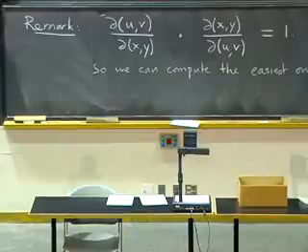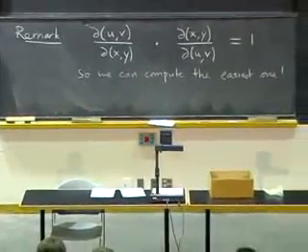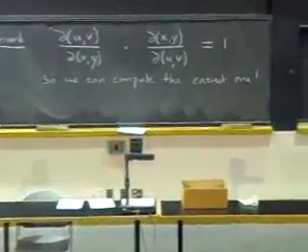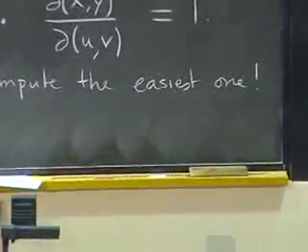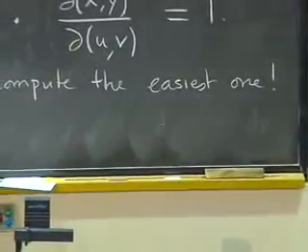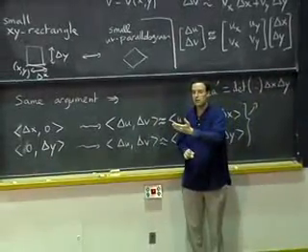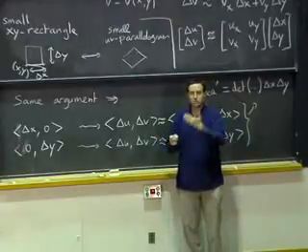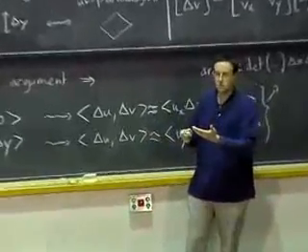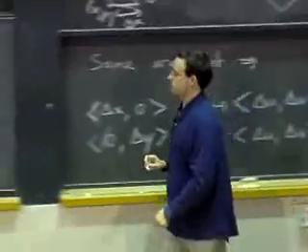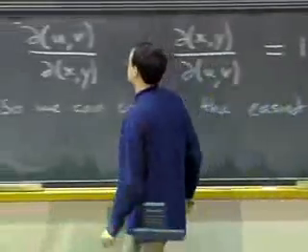And one way to see that is that, in fact, we're looking at the determinants of these matrices that tell us the relation between the variables. So if one of them tells you how delta u, delta v relate to delta x, delta y, the other one does the opposite thing. It means they're the inverse matrices. And the determinant of the inverse matrix is the inverse of the determinant. So they're really interchangeable.